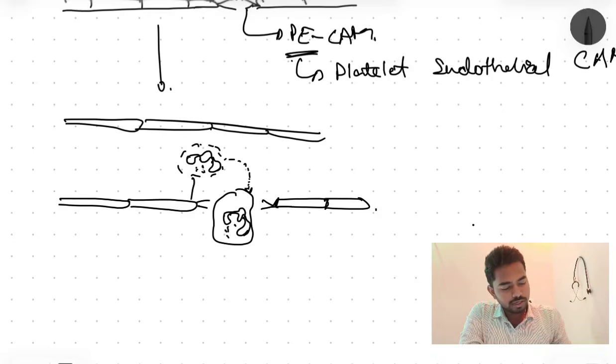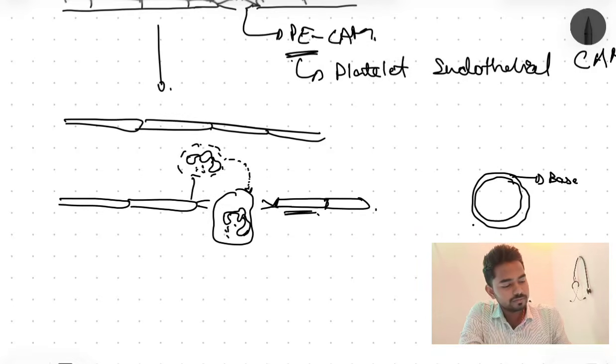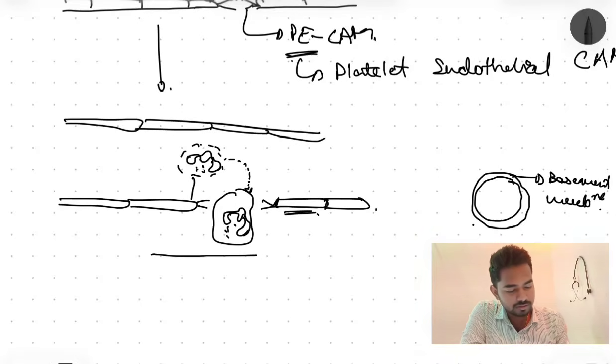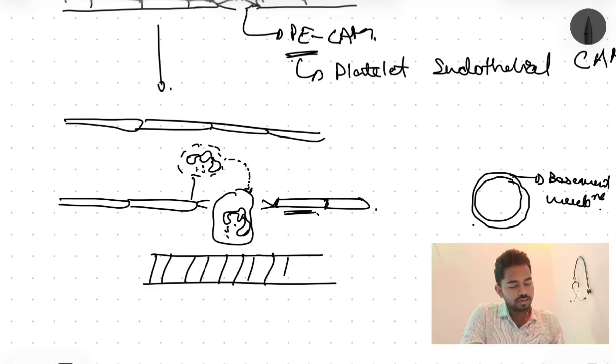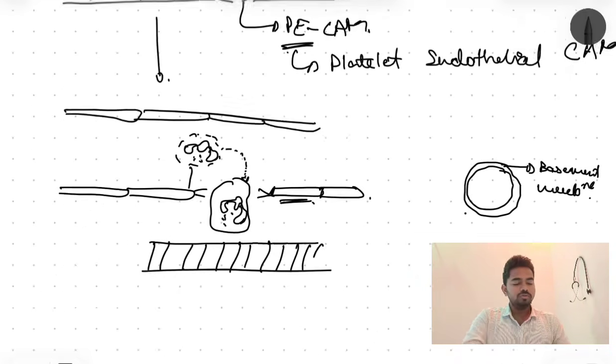Neutrophil is crossing endothelium, but we know the layers of blood vessel, guys, right? First is endothelium, and then there is basement membrane. Even though the neutrophil crossed the endothelium, the basement membrane is intact. Then how?